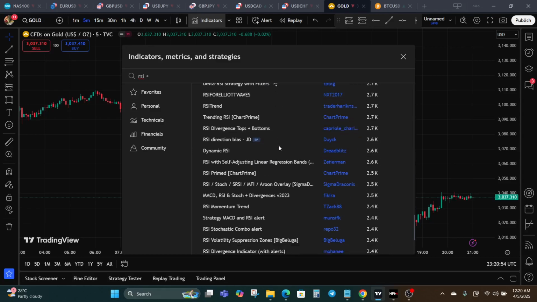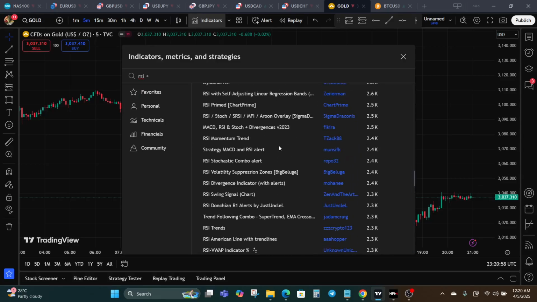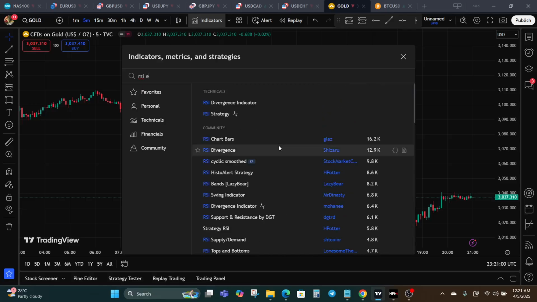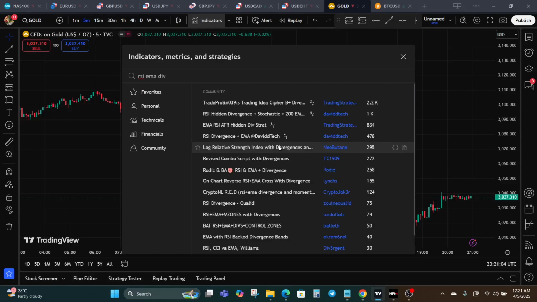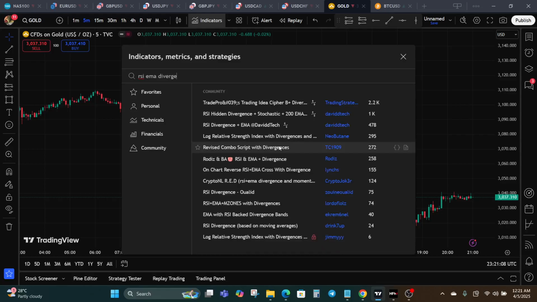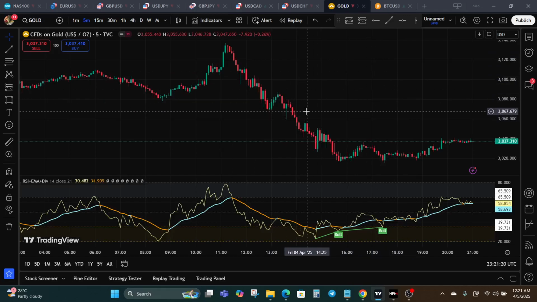So we're going to be using a combination that includes the RSI, EMA, and divergences.